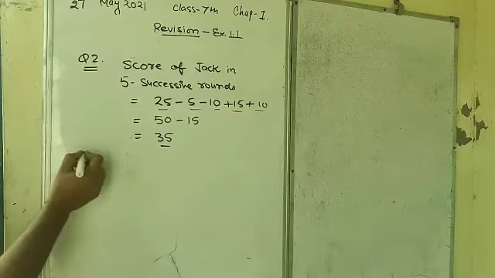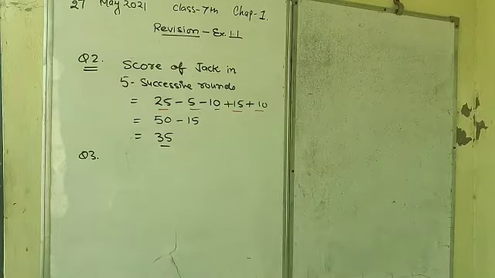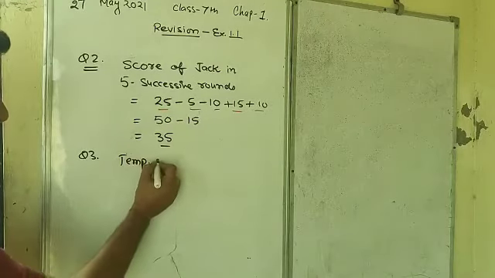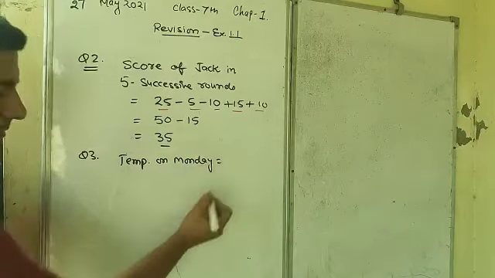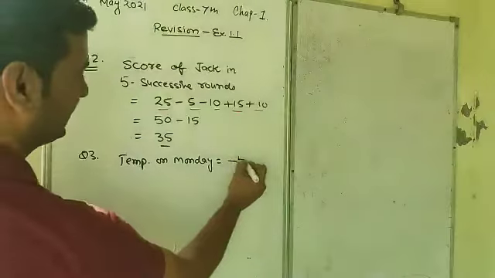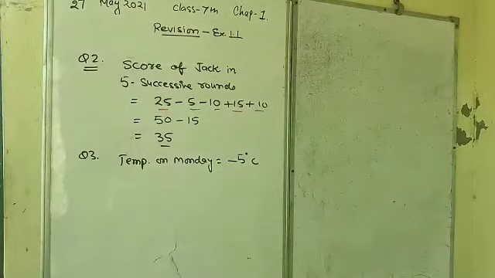In question number 3, at Srinagar, the temperature was -5 degrees Celsius on Monday. So what is the temperature on Monday? It is given to be -5 degrees Celsius. And then it will drop by 2 degrees on Tuesday.